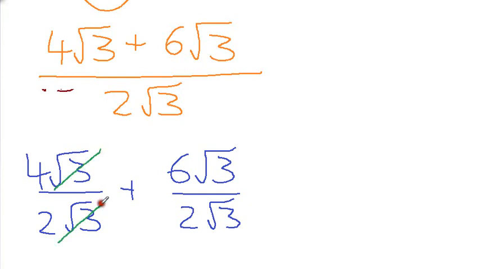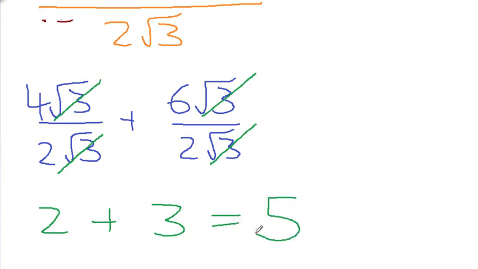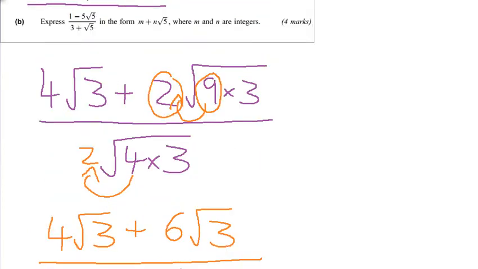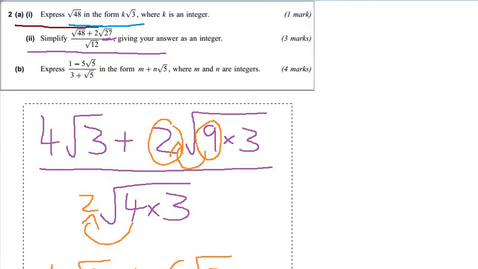That root 3 and that root 3 will cancel. That root 3 and that root 3 will cancel. So we get left with 4 over 2 plus 6 over 2. Well, that is 2 plus 3, which is equal to 5. That's the answer.